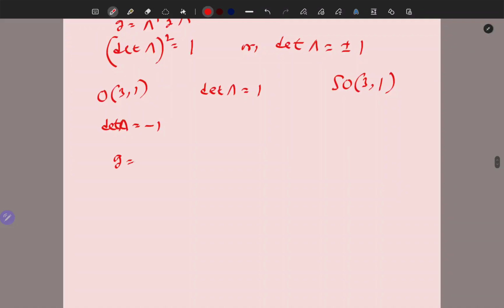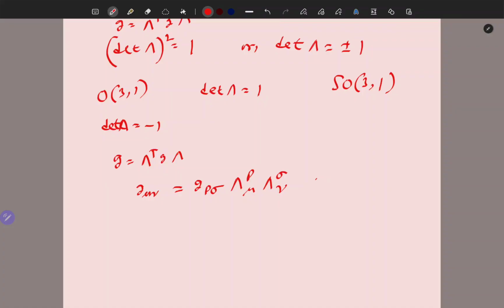The relation G = Λ transpose Z Λ written explicitly is G_μν = G_ρσ Λ^ρ_μ Λ^σ_ν.